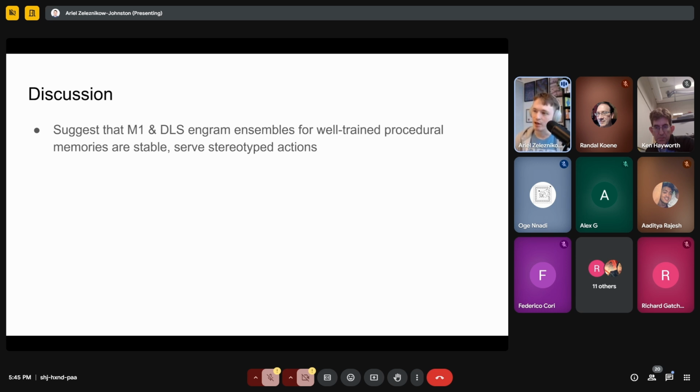They talk, for example, about the fact that as the animals get better at the task, they seem to use much more stereotyped hand movements to perform it, which seems similar to any procedural task, where you see them become more and more stereotyped as humans become better trained at them.